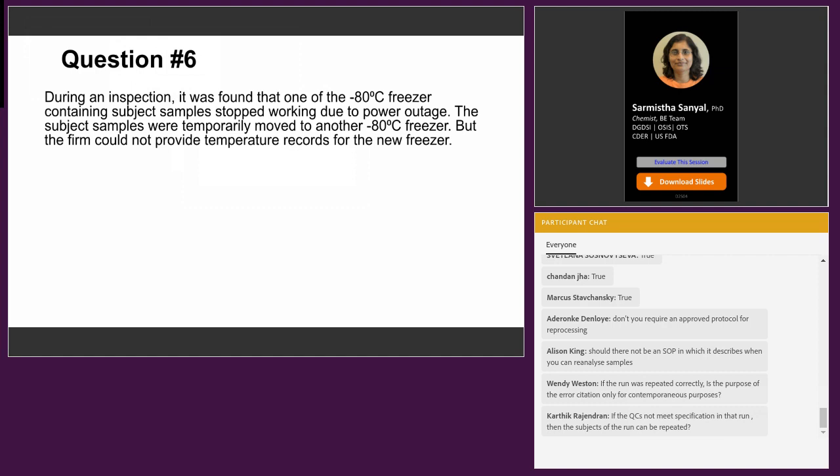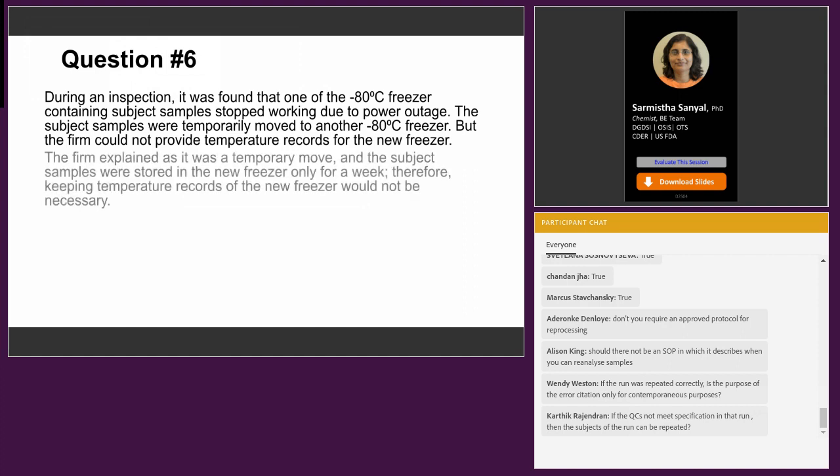The subject samples were temporarily moved to another -80 freezer, but the firm could not provide temperature records for the new freezer. Upon questioning, the firm explained that it was a temporary move and the subject samples were stored in the new freezer only for a week. Therefore, keeping temperature records of the new freezer would not be necessary.